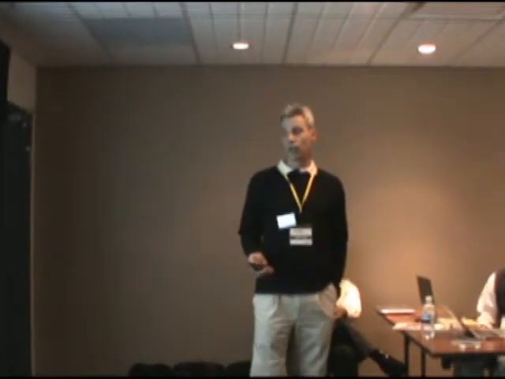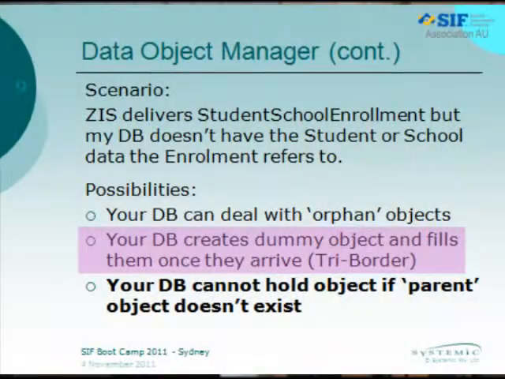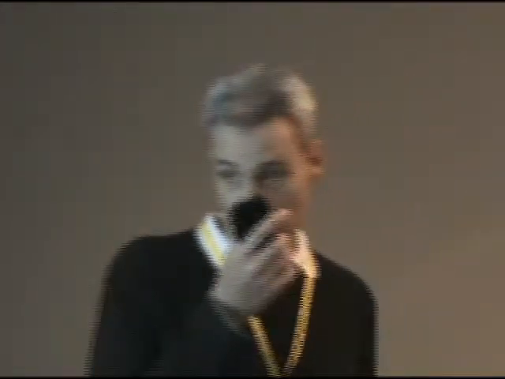Every time we receive an enrollment, because it has a student ref ID and the school ref ID, we create a dummy object in the student and school table with that ref ID and leave it there, and whenever the parent object then comes in at a later stage, we fill out the rest. We had that liberty and that luxury. Again, it's not always the case. It's good because we designed the database, we made sure that we have that luxury. Made it easy for us.